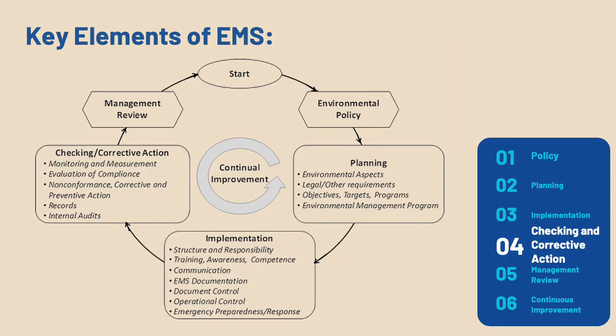Next, let us go into checking and corrective actions. Companies monitor and measure their performance against the objectives they set during the planning stage. For instance, you are responsible for doing an audit at the logistic company and identify that a lorry did not switch off the engine.